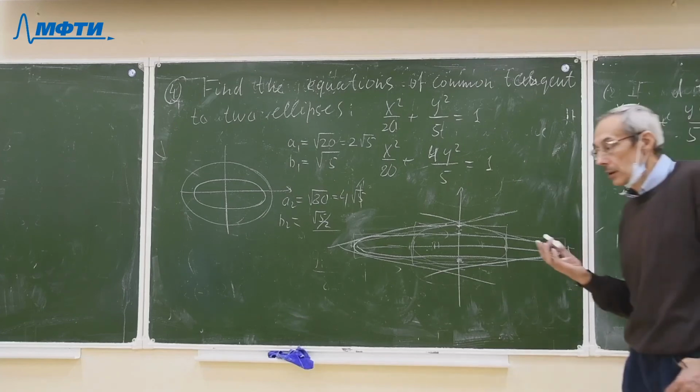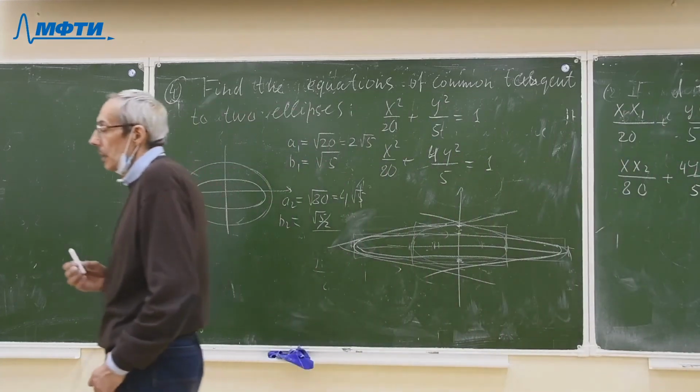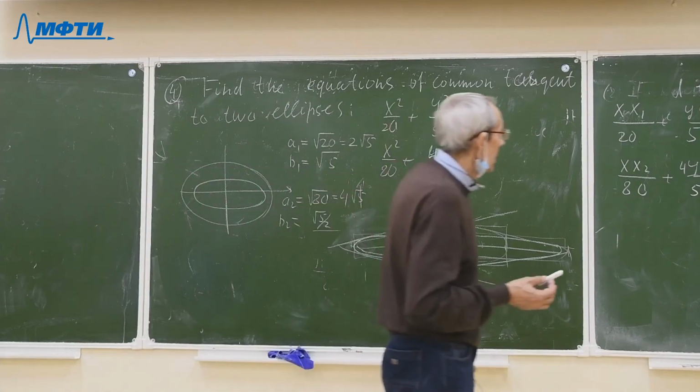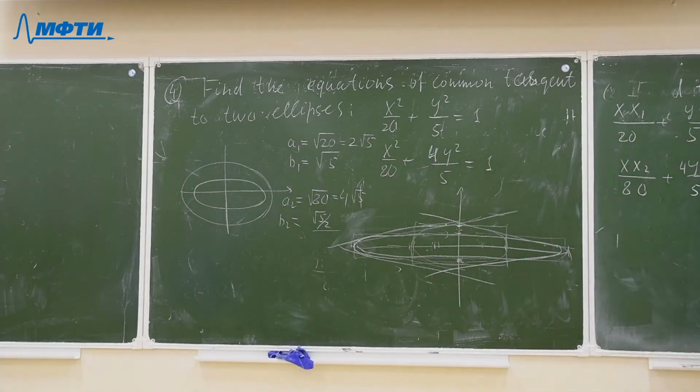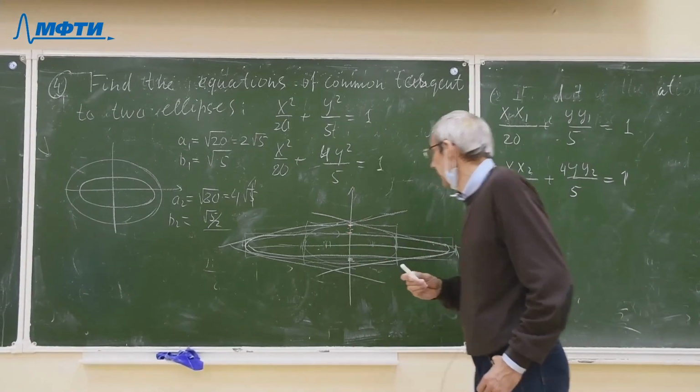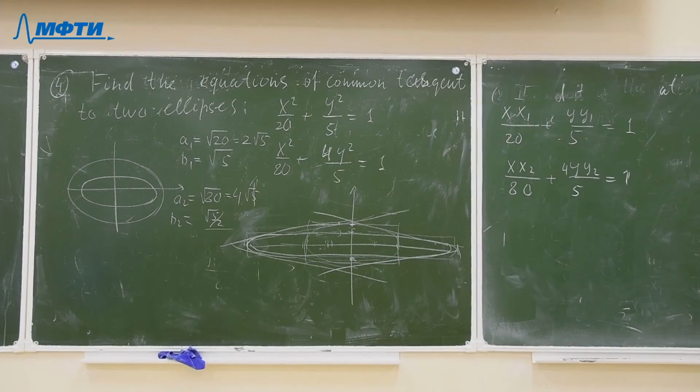If we have a common tangent to both curves, this tangent must pass through the point of contact which has the coordinates x2 and y2, the point of contact of this tangent with the second curve.